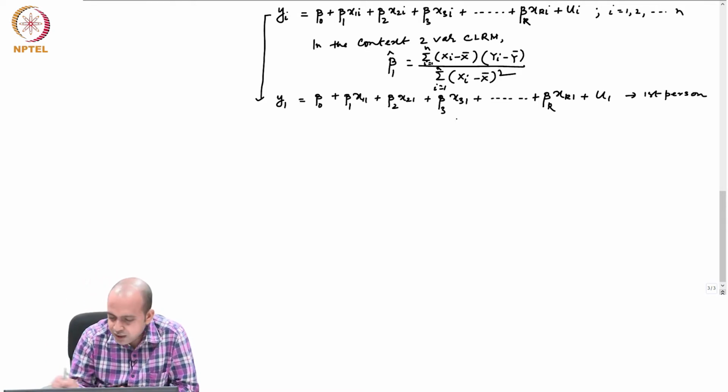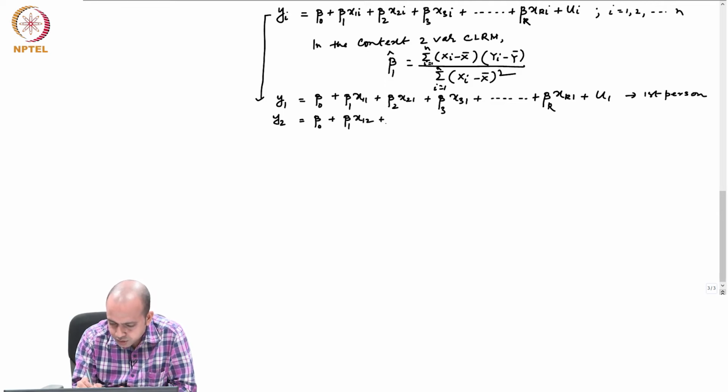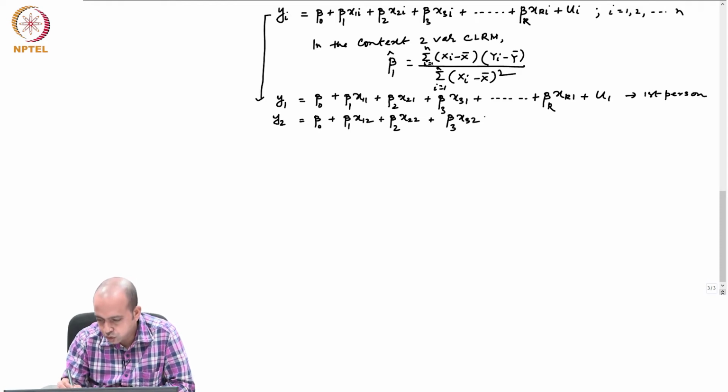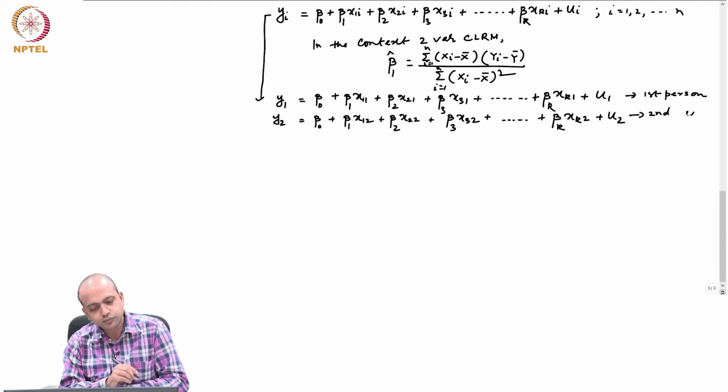Then I will write the same equation for the second person, and it will look like y2 equals beta 0 plus beta 1 x12 plus beta 2 x22 plus beta 3 x32 plus beta k xk2 plus u2, that is for the second person.